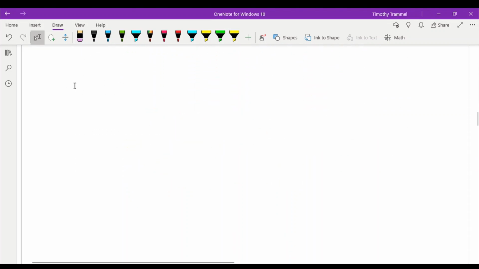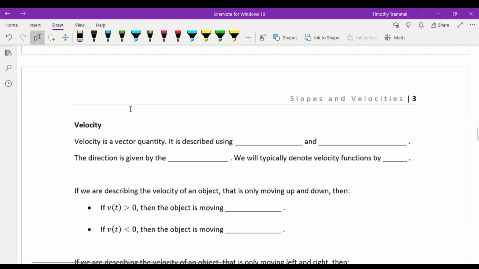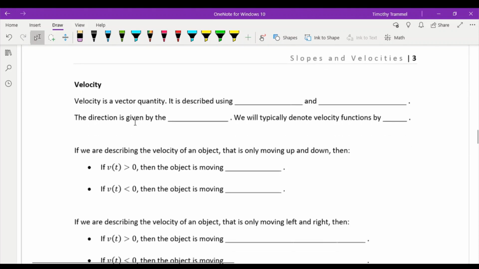All right, now we're going to go on to another topic which at first might feel unrelated, but we'll see that there's a connection here between what we just did and this new topic. But this new topic here is velocity, and this is really just talking about speed, but we're giving it a direction.